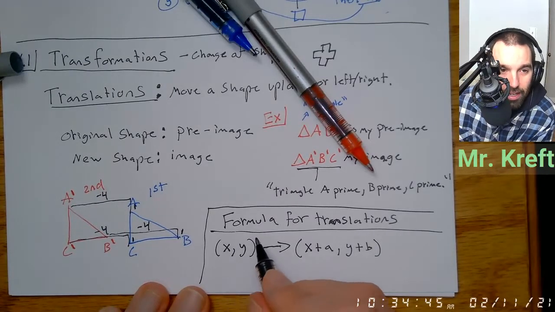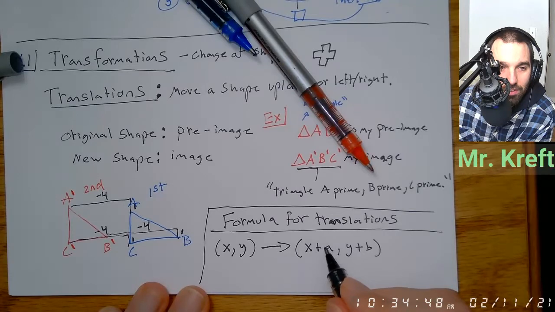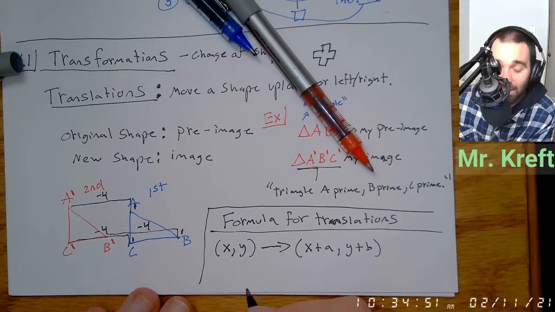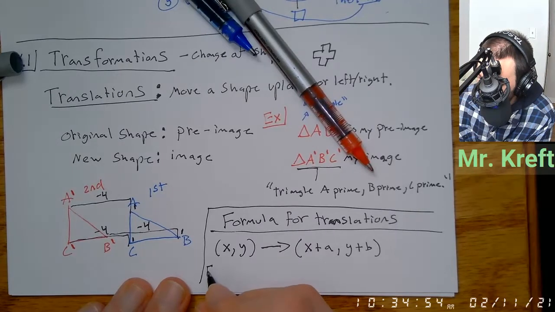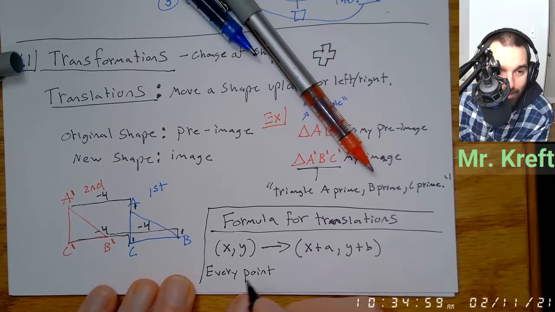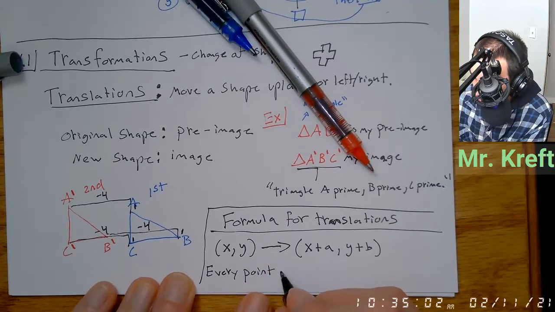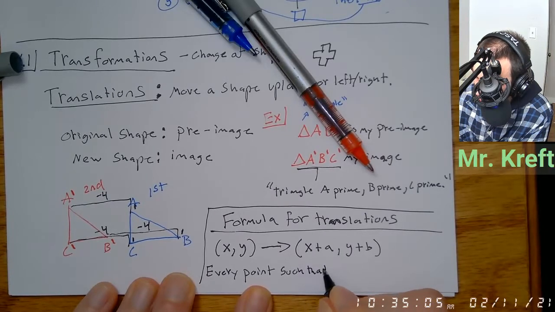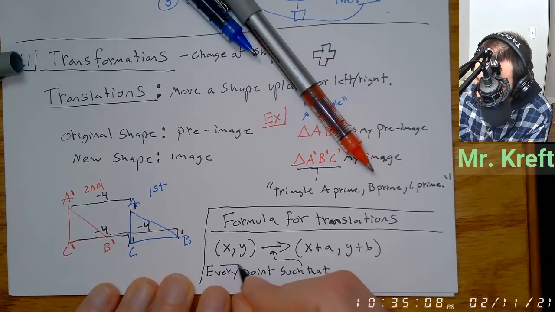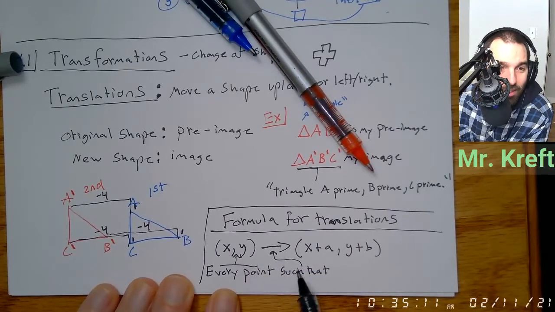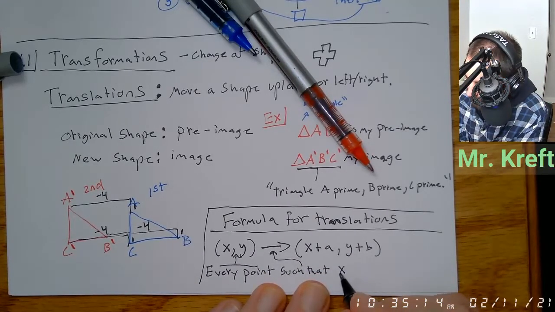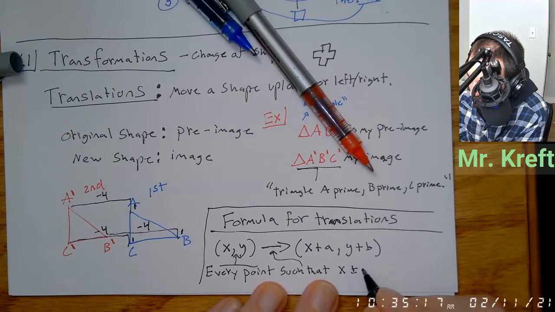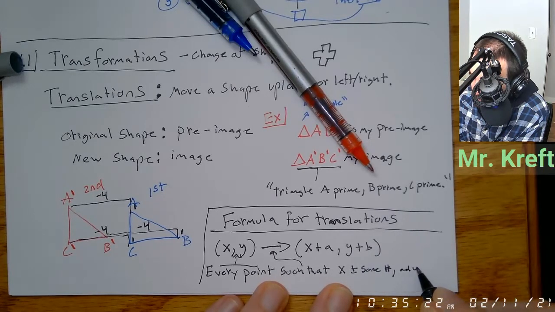Okay, so right now it's just we have a point (x, y), and then an arrow, and then (x + a, y + b). And in English, this is what it means. It means every point, that's what (x, y) means, such that x plus or minus something and y plus or minus some number.